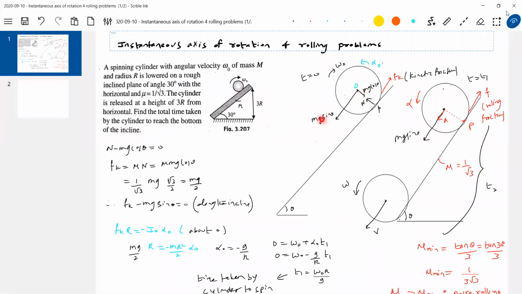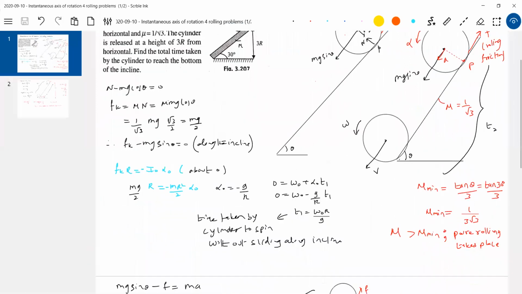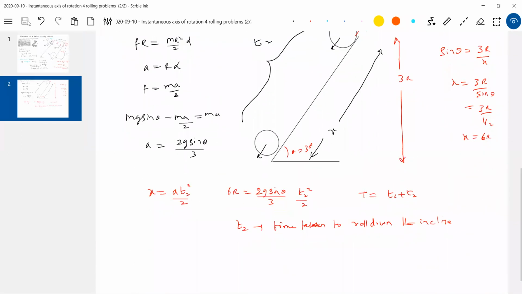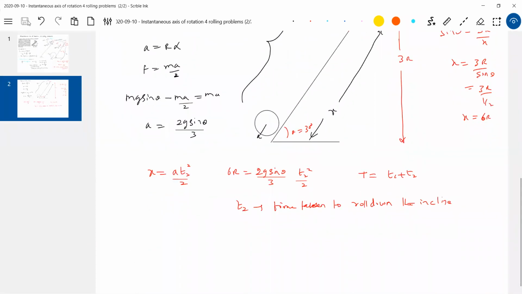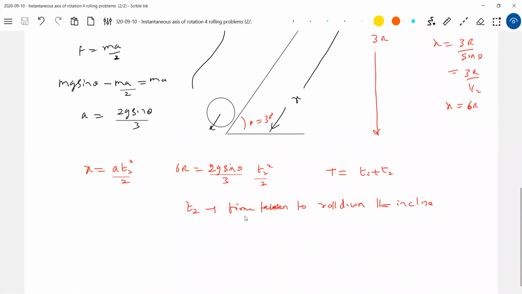Because fk equals mg sin theta. So two times are there, no? T1 and T2. These are some very basic fundamental problems with respect to the inclined plane which you should do.